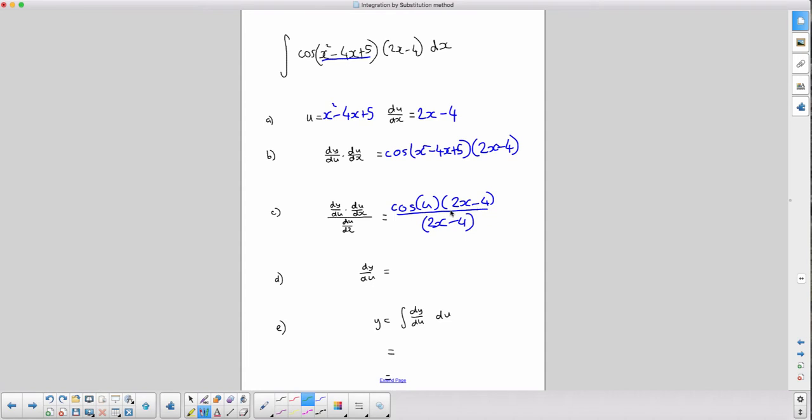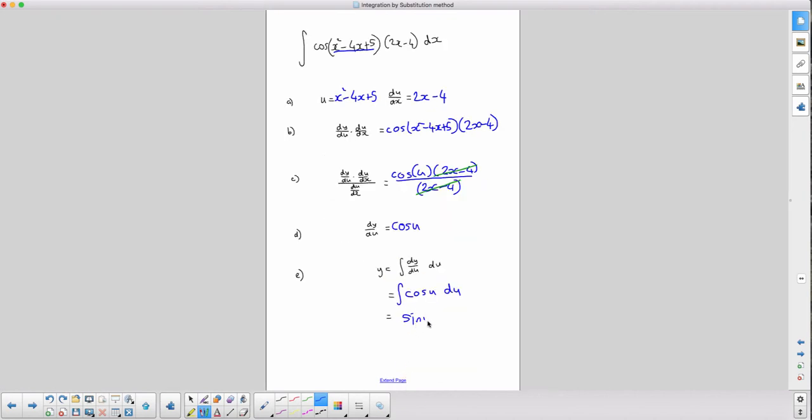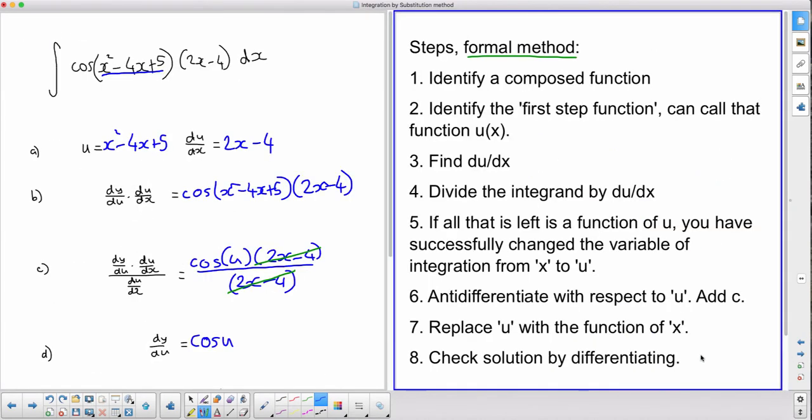Divide all of that by du by dx, and we find out nicely it cancels, and all we're left with is a function of u, cosine of u. And so we anti-differentiate with respect to u, sine u plus c, sine of x squared minus 4x plus 5, which is what we said was u earlier.